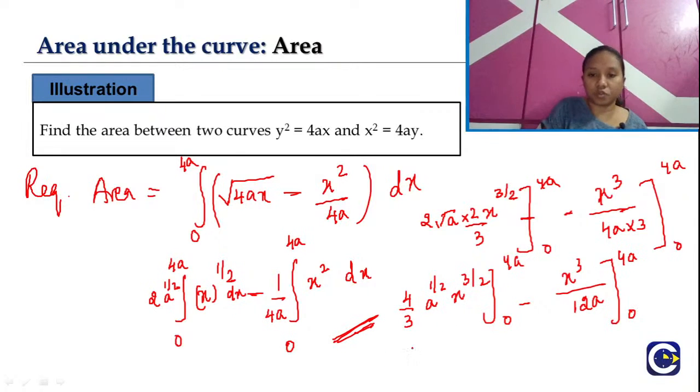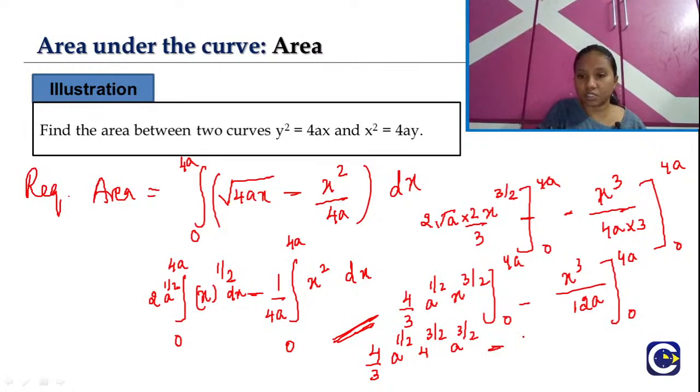So let's substitute 4a first. So 4 by 3, a power 1 by 2. So 4a, so 4 power 3 by 2 and a power 3 by 2 here. If I substitute 0, entirely it will become 0. So minus 4 cube and a cube by 12a. Here 0, it will be entirely 0.